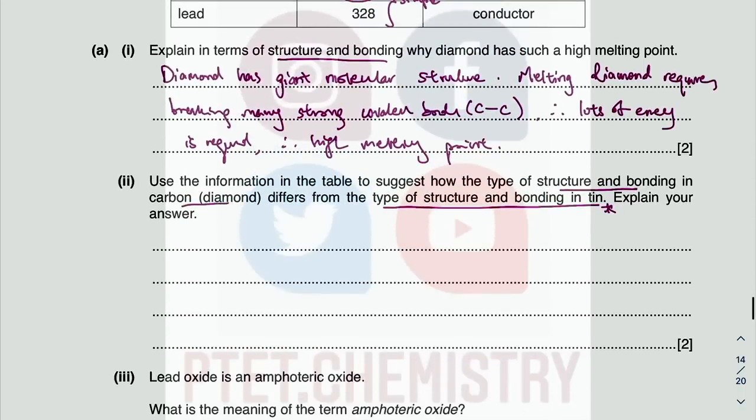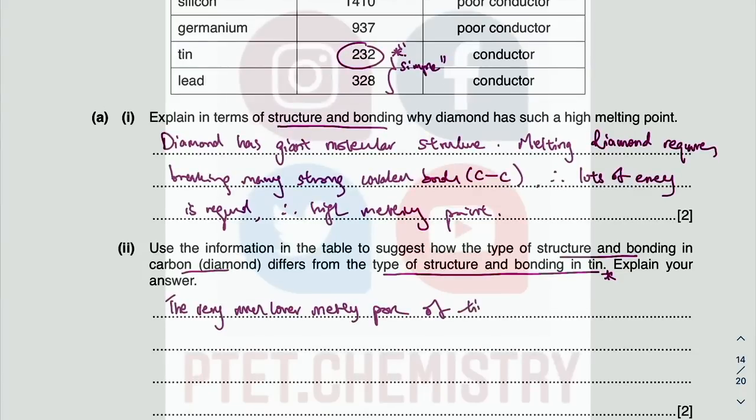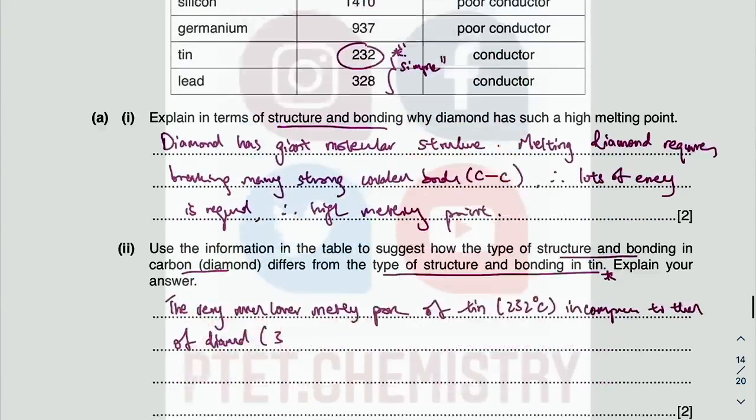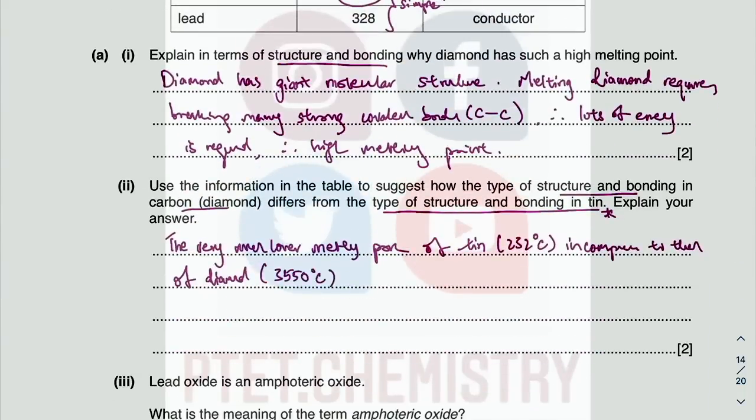So the very much lower melting point of tin, 232 degrees Celsius, in comparison to that of diamond, which was 3550, most likely tells us tin has simple molecular structure.